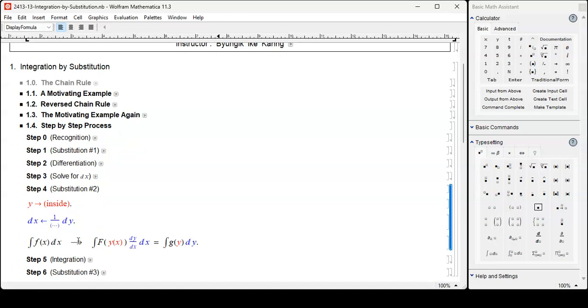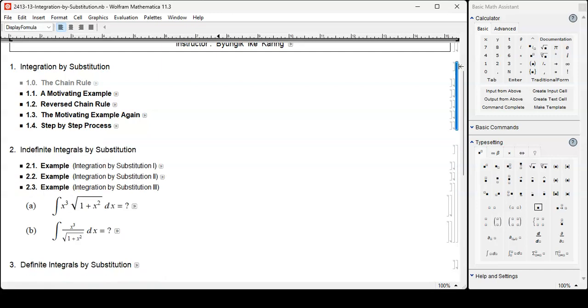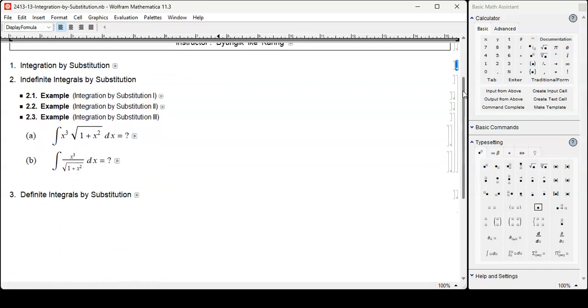After substitution number 2, we get a different integral by a different character, but sometimes that's not complete, and you have to go back to the original substitution and work it out. Well, in this case, the inside function is this, and you have to substitute dx.